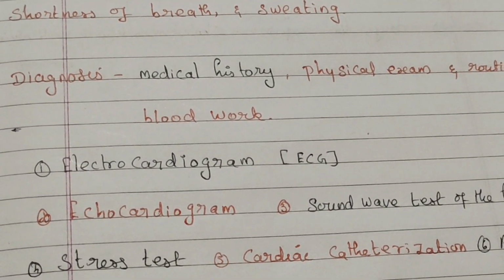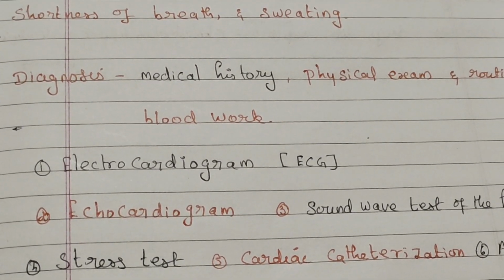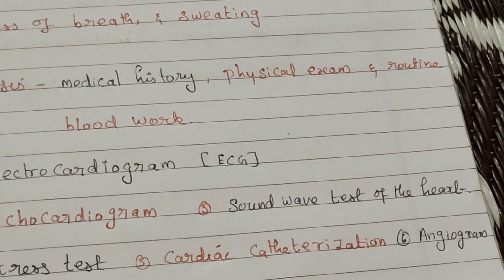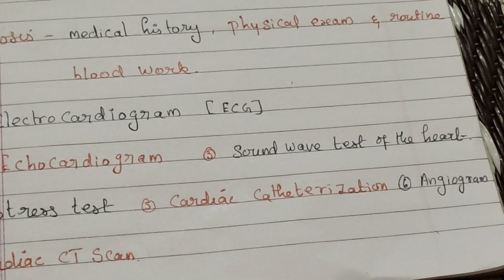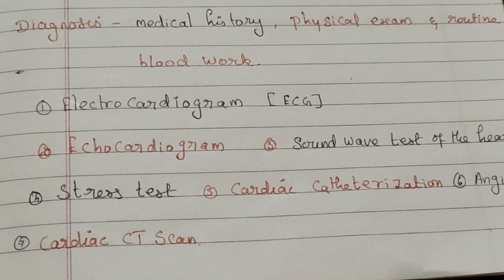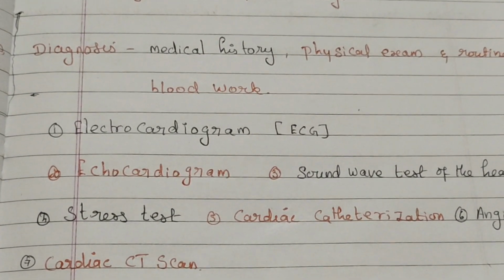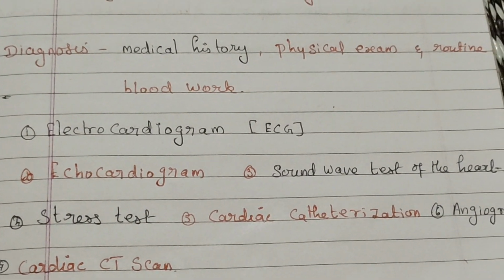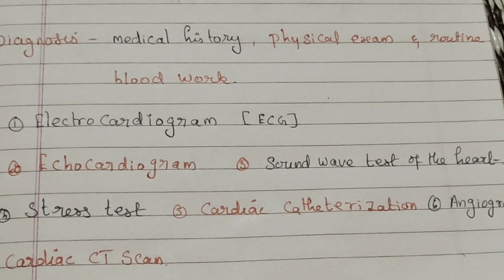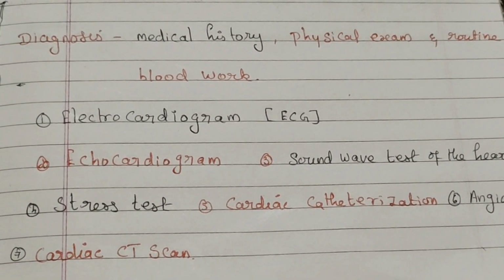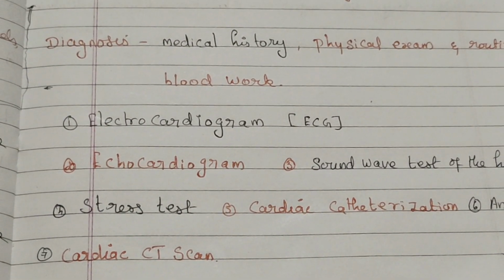Then to identify coronary artery disease, we can use an ECG, echocardiogram, sound wave test of the heart, stress test, cardiac catheterization, angiogram and cardiac CT scan.